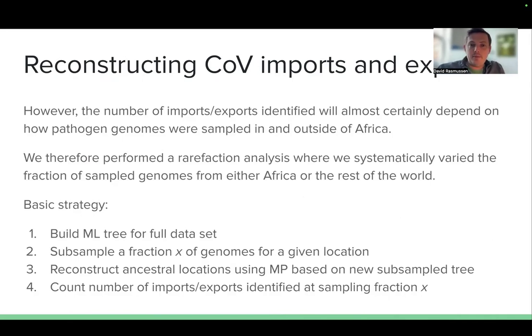And then from that subsampled phylogenetic tree, we could rerun our phylogeographic reconstruction of how the pathogen moved between different locations. And from that reconstruction, we could ask how many imports or exports there were from each location into any other location.